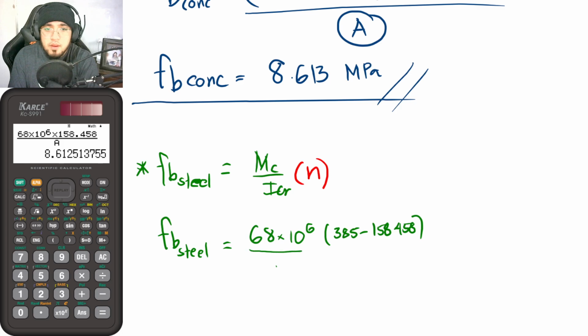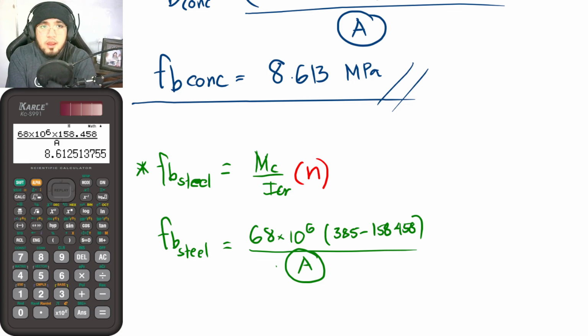We would be dividing this by Icr, and since we have stored it in A, times A times n. Do not forget to multiply this by the modular ratio in order for you to convert it back to steel once again.